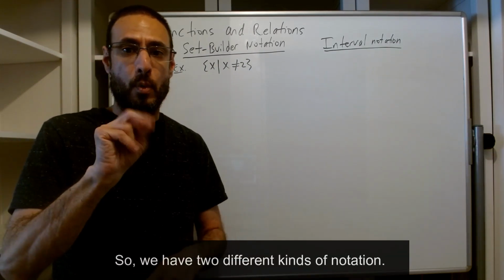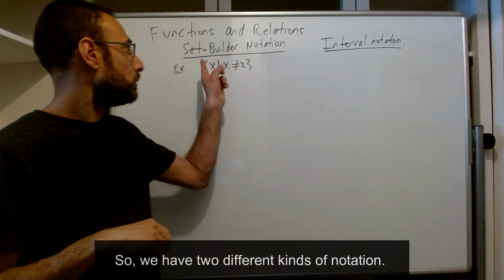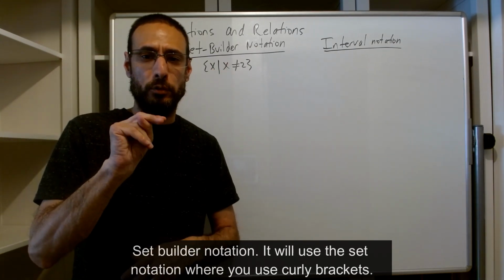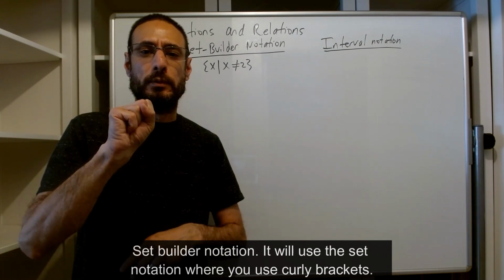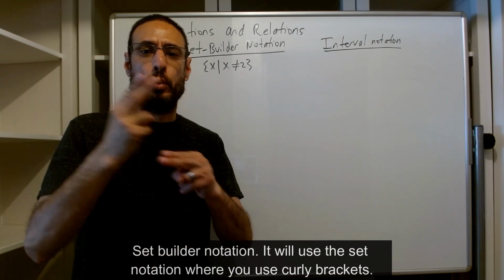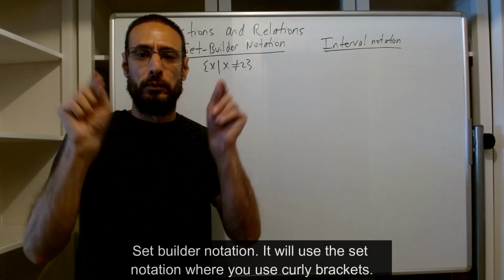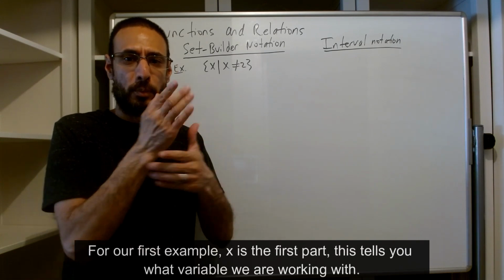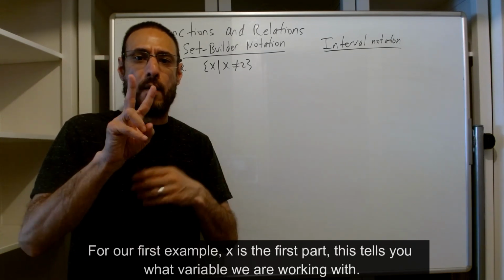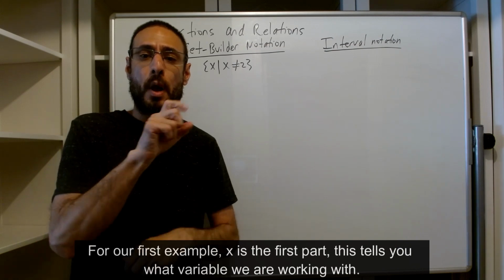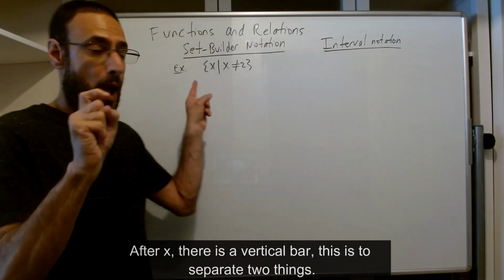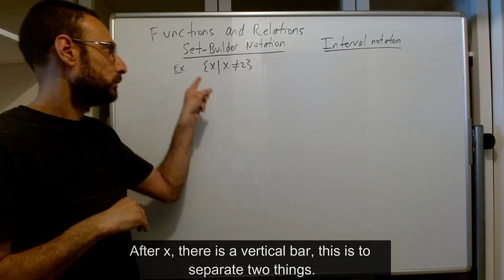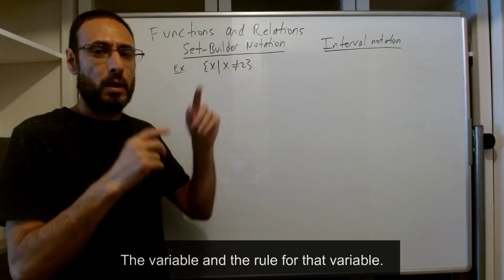Set builder notation uses the set notation where you use curly brackets. For our first example, x is the first part. This tells you what variable we are working with. It can be x or y. After x, there is a vertical bar. This is to separate 2 things: the variable and the rule for that variable.